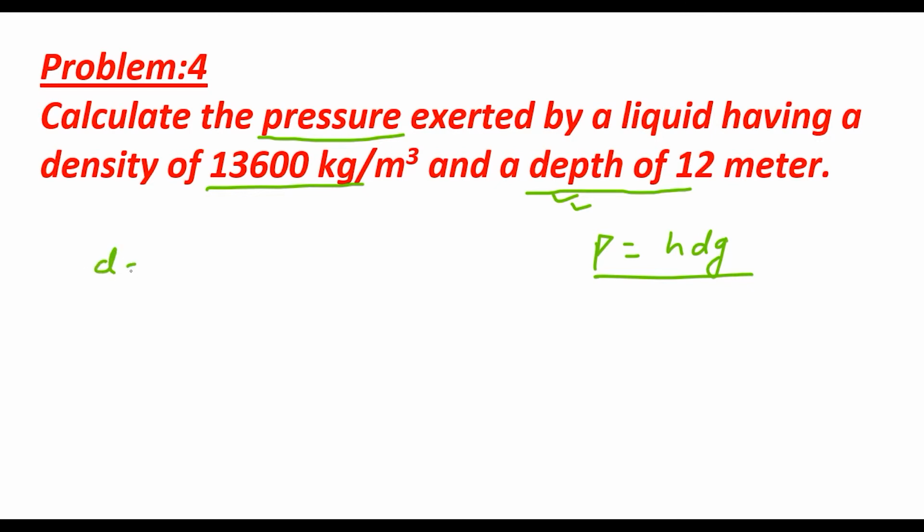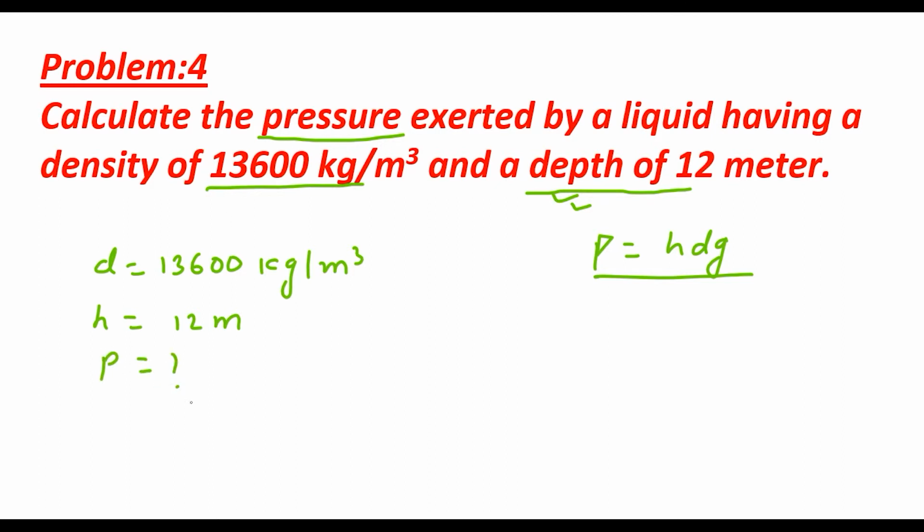Given: density is 13600 kg per meter cube, and depth means height, so height is given 12 meter, and we have to find the pressure.